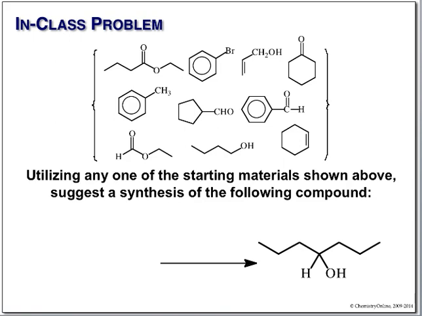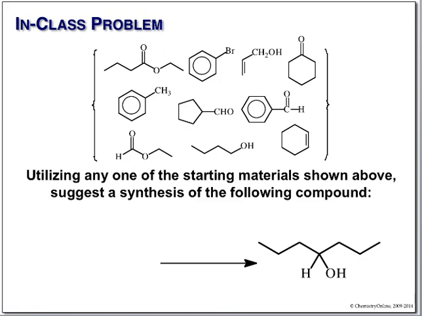Bottom left, right? Well, do it one at a time here. What you want to do is look at it and say, what type of compound is it? Oh, it's a secondary alcohol. How many ways do I know to make secondary alcohols? Actually, I know two.